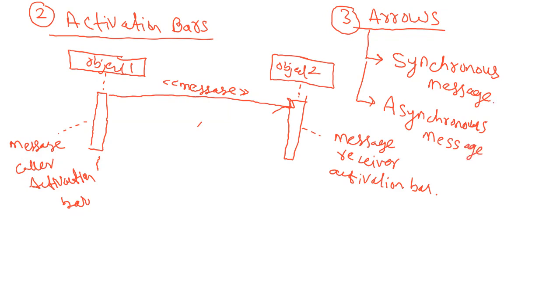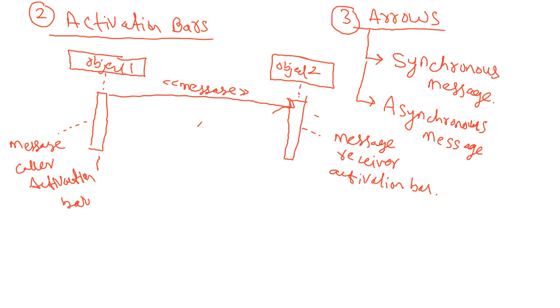What is the difference between synchronous message and asynchronous message? Let us understand the difference. If you are sending a message from one object to another object, and the object is waiting for its response, then it is called a synchronous message. They are in tight communication.